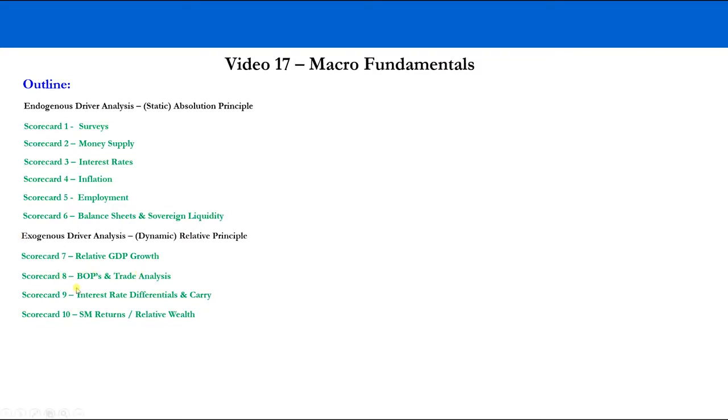Then we're going to look at the balance of payments and trade analysis between the United States and Australia, and also in its entirety. So Australia with the rest of the world and the United States with the rest of the world. We're then going to look at, in scorecard 9, interest rate differentials and carry. If you remember, in foundation, we looked at carry and rollover.